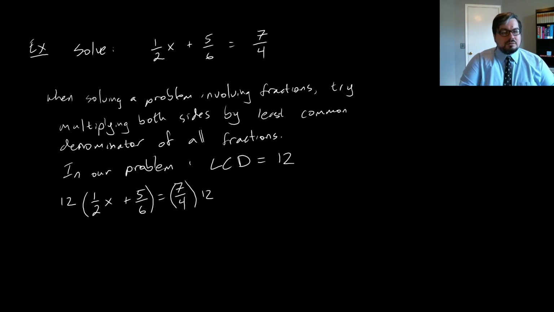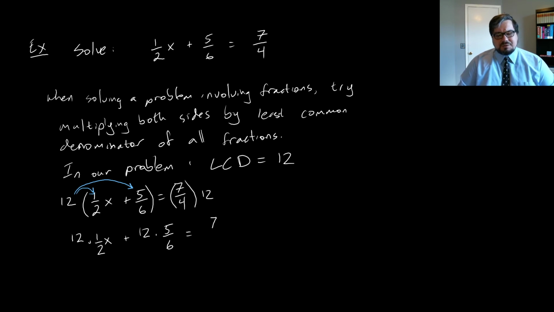So first of all, don't forget that this 12 has to distribute first, and you want to do that before doing anything else, before doing any simplification or canceling or anything. So our next step will look like 12 times 1/2 x plus 12 times 5/6 equals 7/4 times 12.